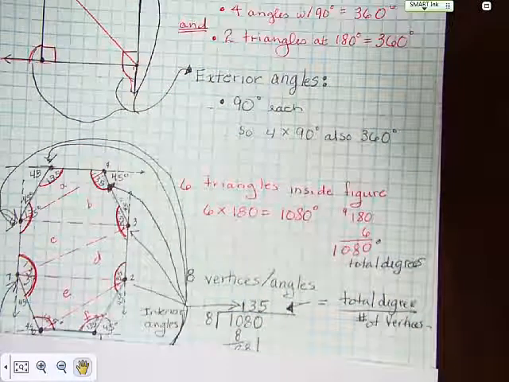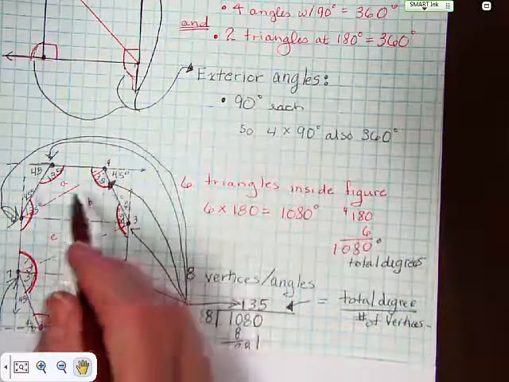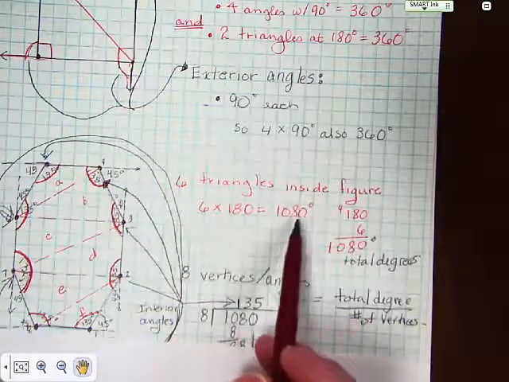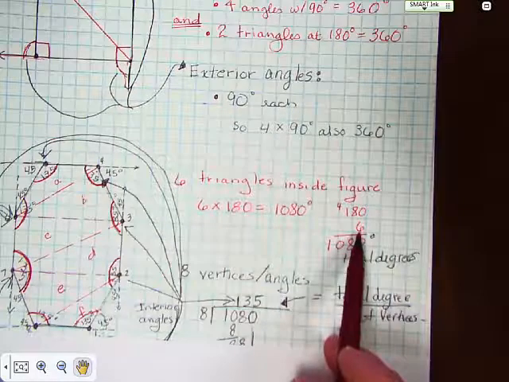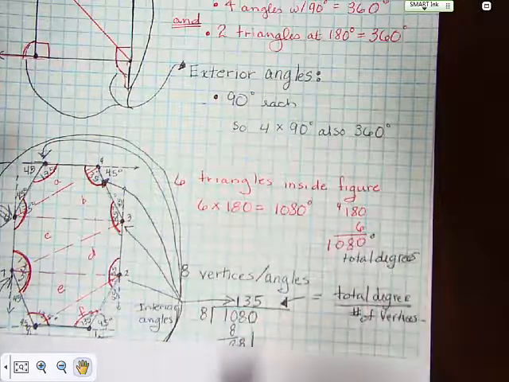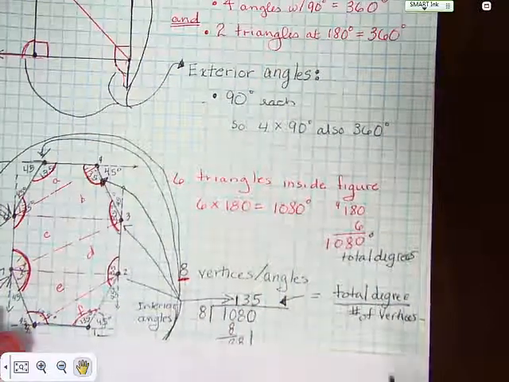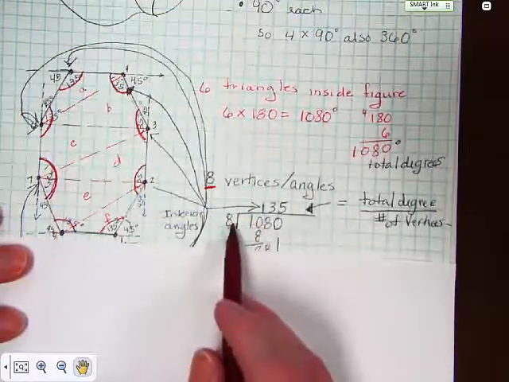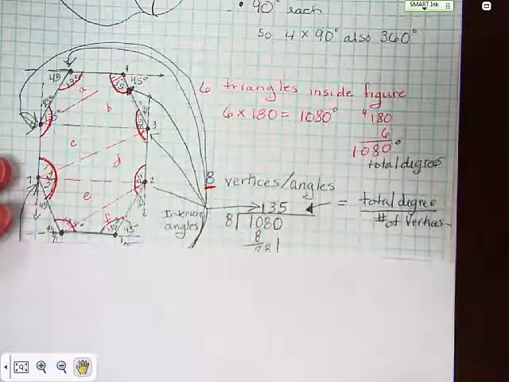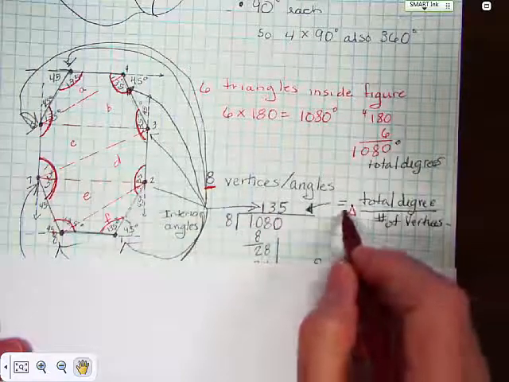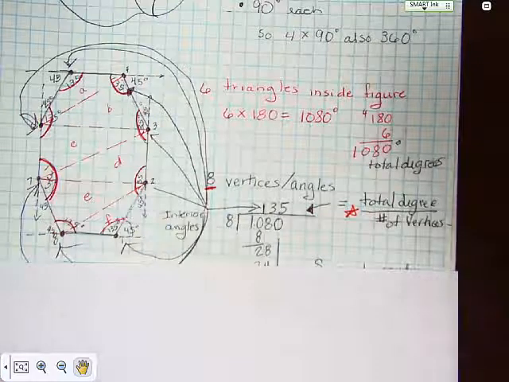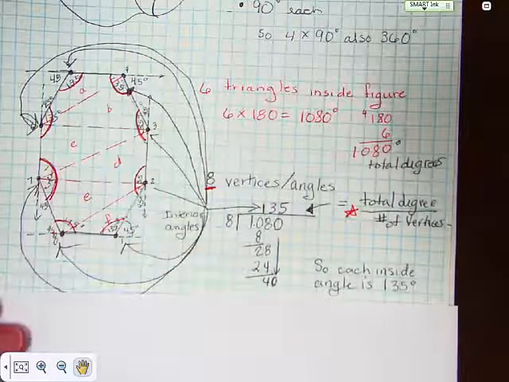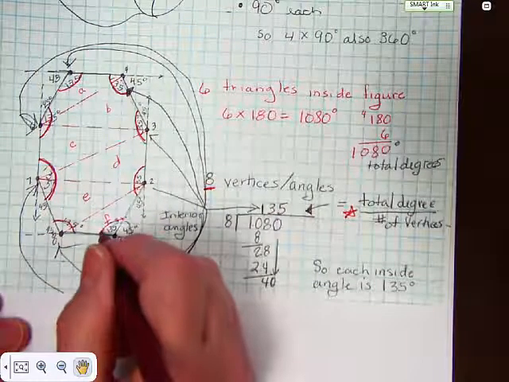There's 8 vertices and there's 1, 2, 3, 4, 5, 6 triangles. 6 times 180 is 1080. There are 8 vertices, I'm sorry. If you take 1080 and you divide that by 8, you get 135. Total degrees divided by the number of vertices will give you the degree measure of the interior angles. So each inside angle is 135.